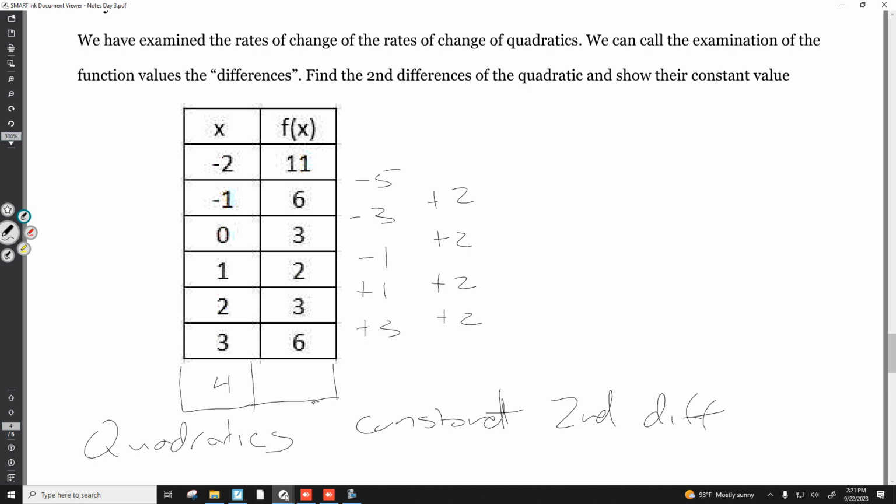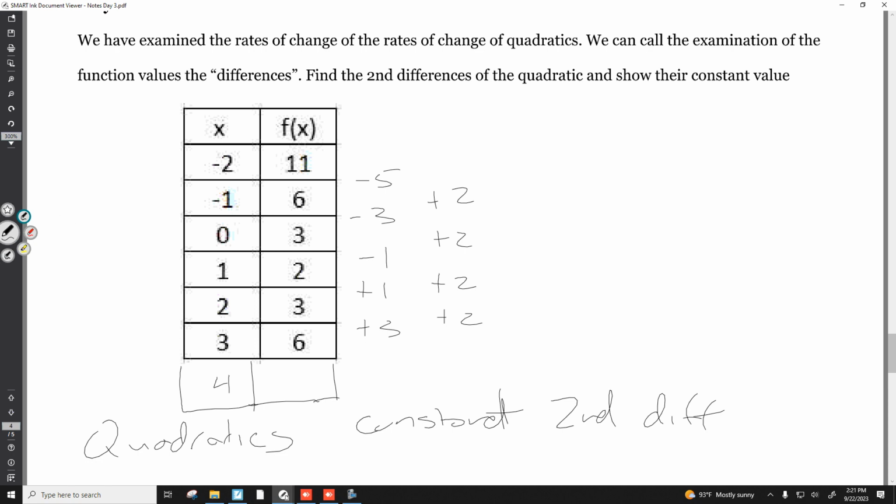Second difference is the change of the change. This is the first difference. This is the second difference. This is how this is changing. Negative 5 to 3 plus 2, negative 3 to 0 plus 2. What's this value right here? The 11? I don't know. I haven't done it yet.